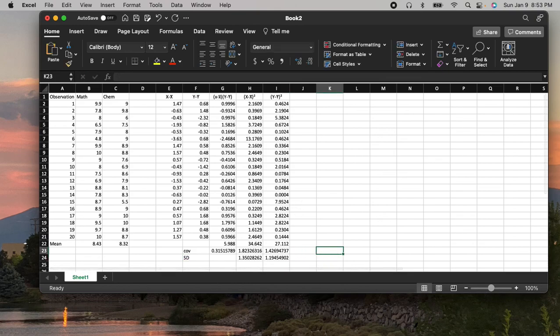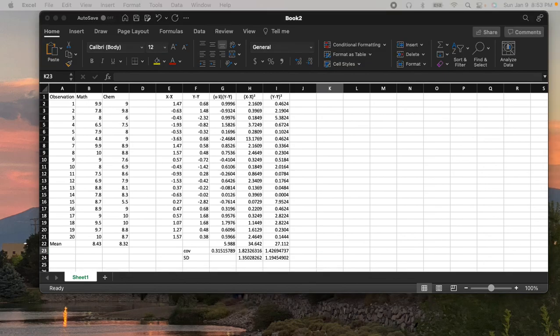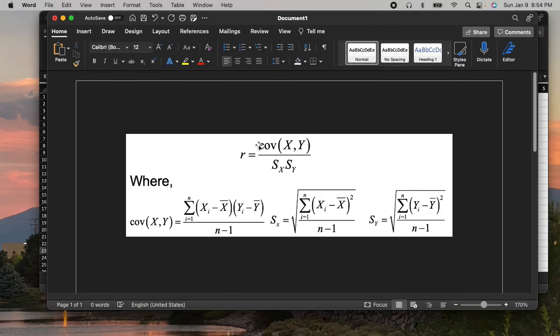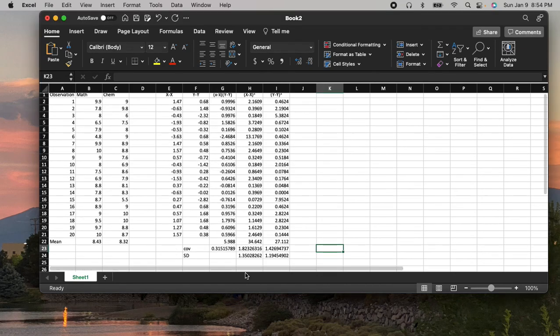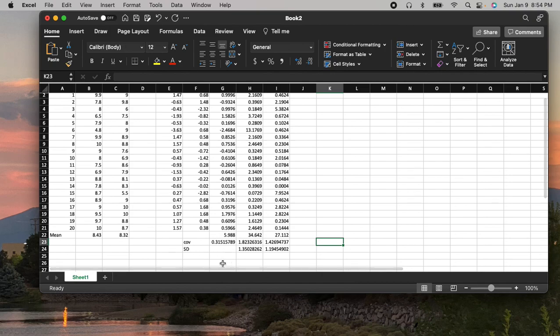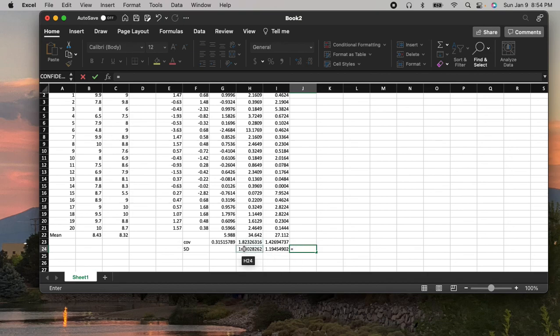Okay, so now I have all three parts that I need to find my correlation. I have my covariance, my standard deviation for x, and my standard deviation for y. All I have to do is divide my covariance by sx times sy. So let's compute this times this, and that is my sx times sy.